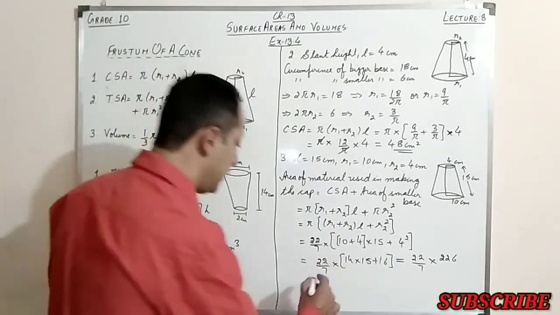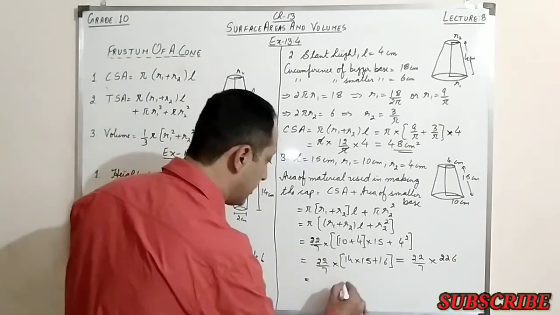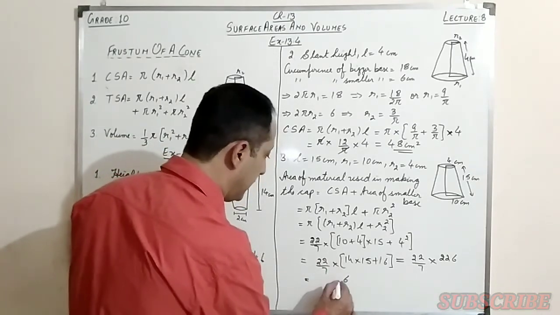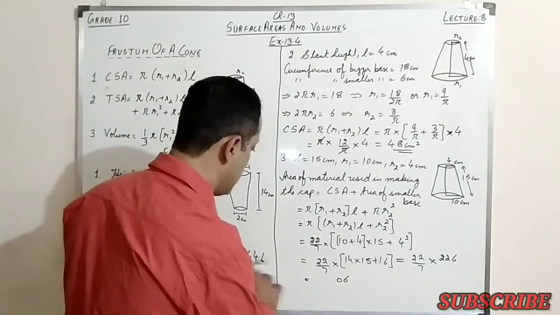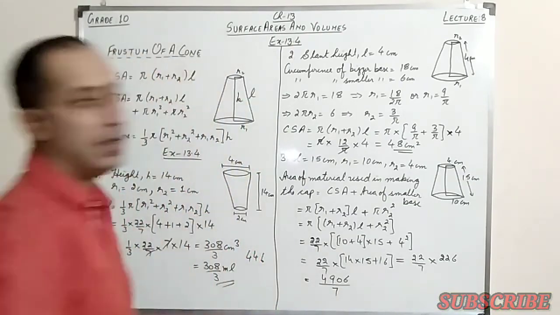So now we multiply these two. It will come 4972 upon 7.